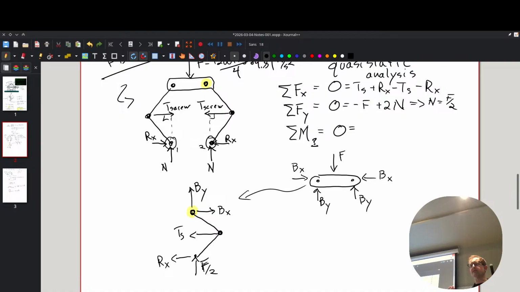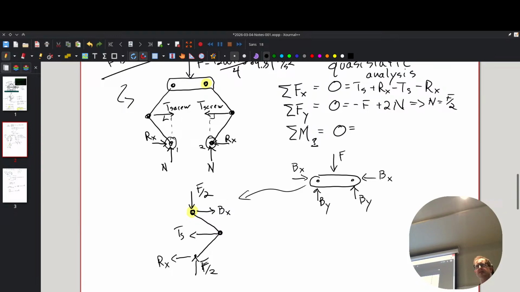And sure enough, BY and BY both have to be 1/2 of that. So here I could redraw all that as F over 2. Cool. How does this look?